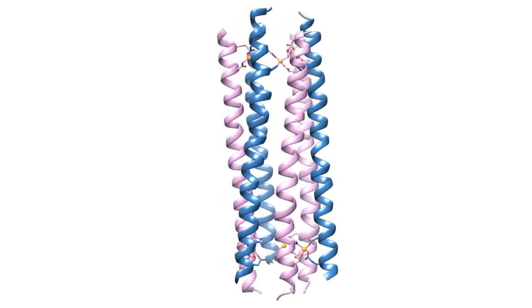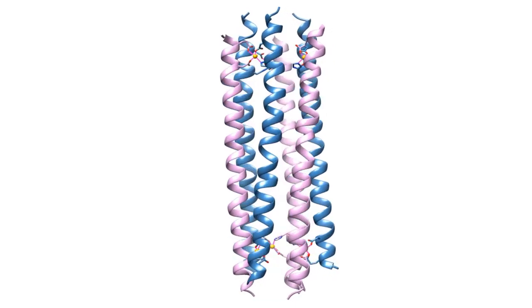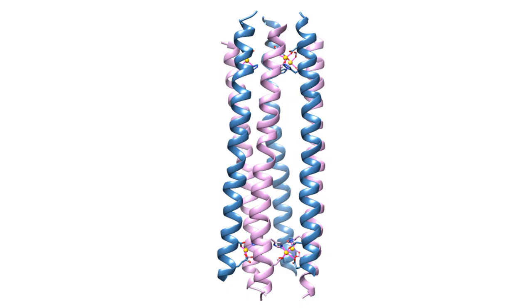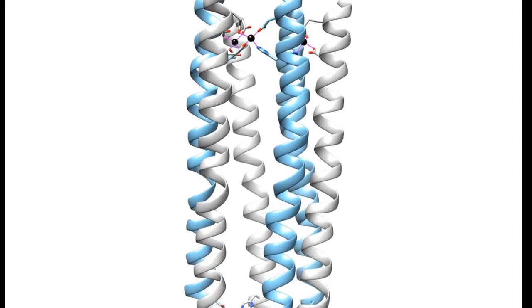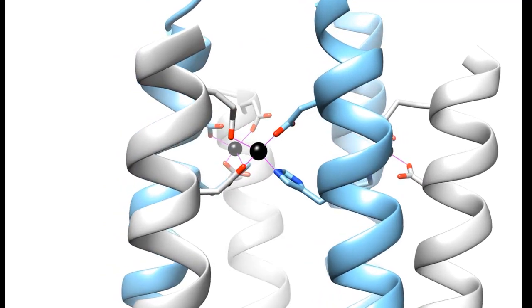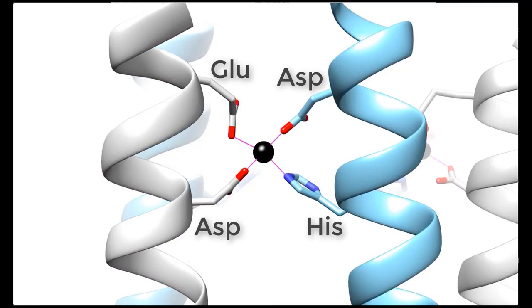This hexameric bundle oligomer is stabilized by zinc 2+ ions, and its formation results in an enclosed channel structure. Zinc 2+ ions between the two neighboring helices of the dimerized peptides stabilize dermcidin's pore structure. The zinc ions are coordinated by the residues glutamate, aspartate, and histidine.